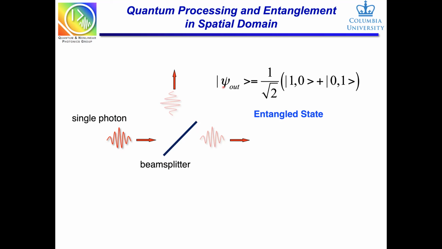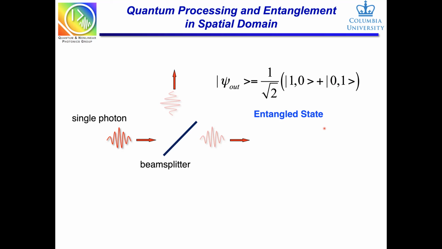If you write the state of the system after the photon strikes this beam splitter, there's a probability of being in one arm and not in the other, or vice versa. So you can write it out as a linear superposition that can't be decomposed in any trivial way. This is called an entangled state. It's the simplest way of generating entangled states.